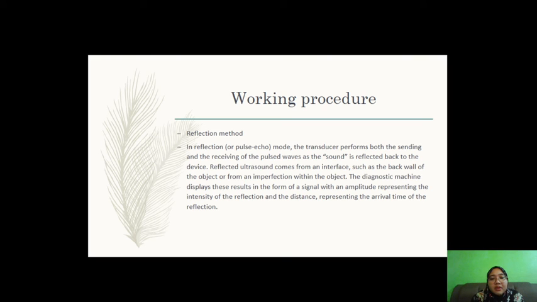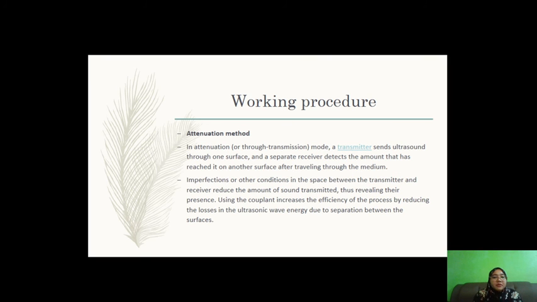The diagnostic machine displays this result in the form of a signal with an amplitude representing the intensity of the reflection and the distance representing the arrival time of the reflection.